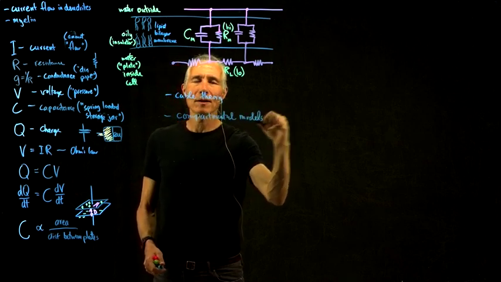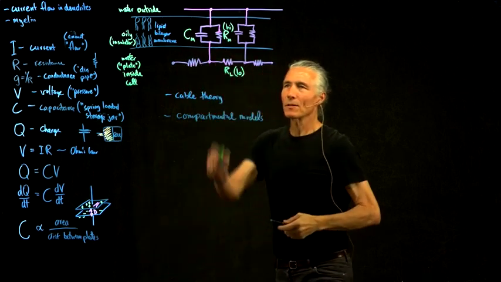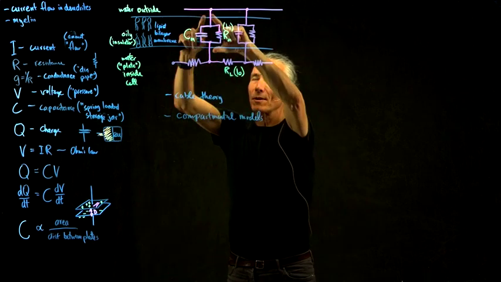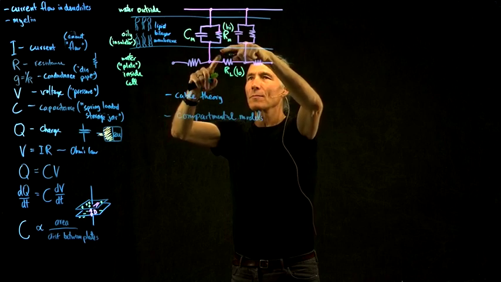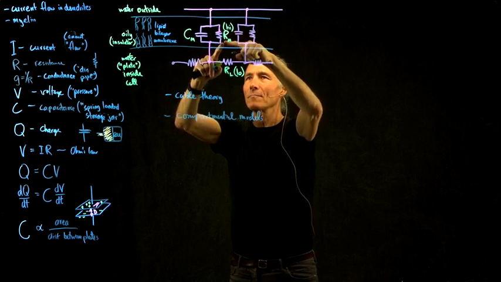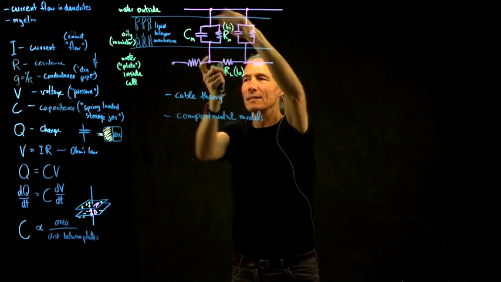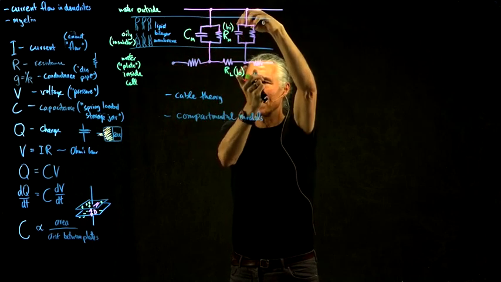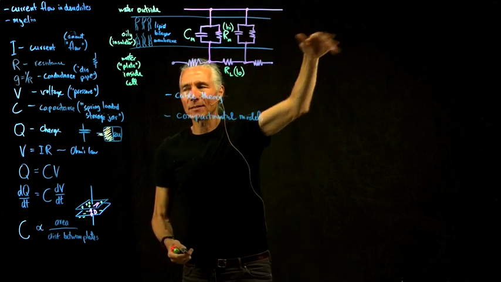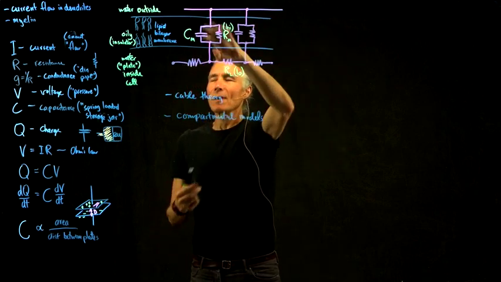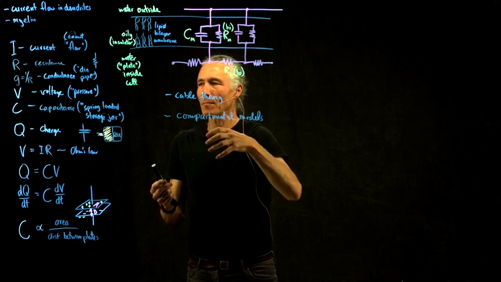So compartmental models, of which this is an example. This is a compartment right here. It's a little compartment. It has some longitudinal resistance, some membrane capacitance, membrane resistance. That's a little compartment. And then here's another compartment. With a circuit like this it would be possible to make branches in it or change the amount of capacitance if the membrane got a little bigger.